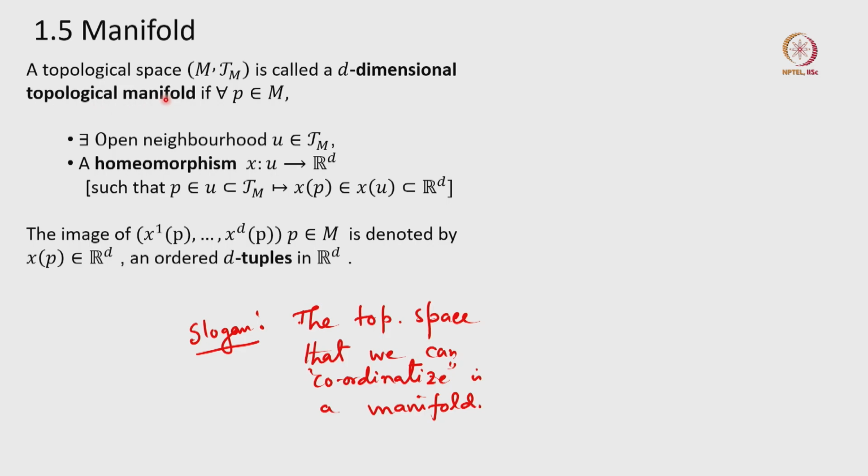All manifolds are topological manifolds, so we do not eventually call it a topological manifold, we just simply call it a manifold, if at every point on the manifold, on the topological space, and generally we talk about a standard topology, there is an open set or open neighborhood.